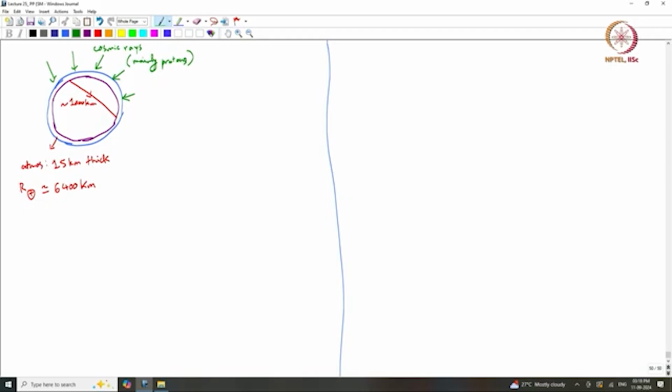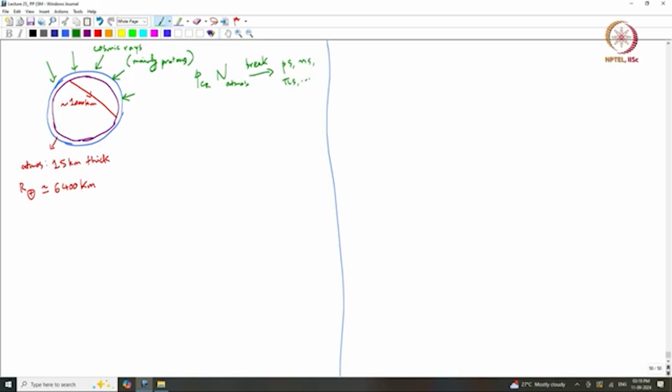But when they come in, the cosmic ray protons, let me just call them PCR, hit the nuclei in the atmosphere and break the nuclei into basically more protons, neutrons, pions and so on.